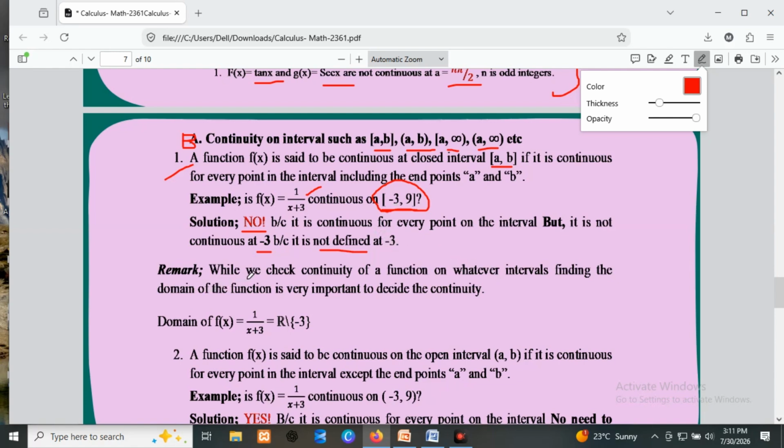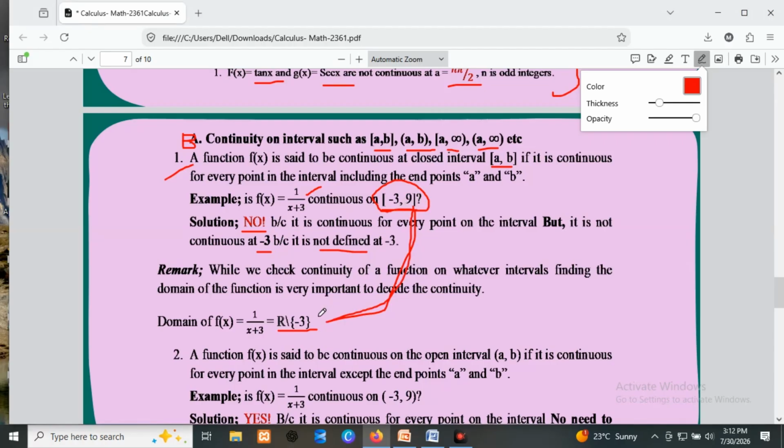Let's see the remark. While we check continuity of a function on whatever interval, finding the domain of the function is very important to decide the continuity, which means that the domain of the given function f of x equals 1 over x plus 3 is all real numbers except minus 3. But I am asking about the closed interval from minus 3 up to 9, and minus 3 is excluded from the domain.